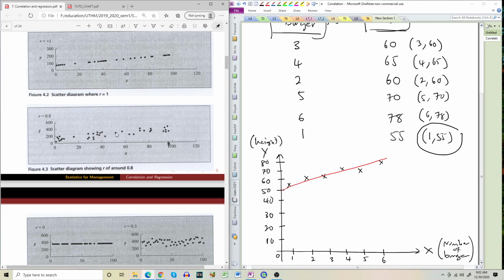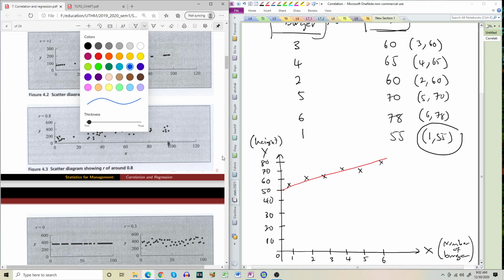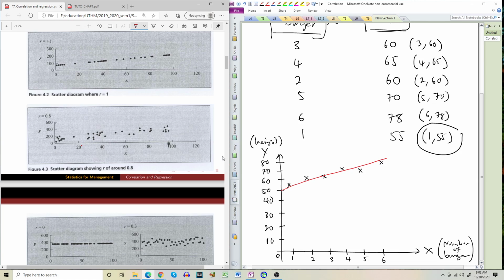Let me draw here. This one is exactly in a straight line, so it's very strong. Coefficient is 1. This one is not exactly on the straight line.